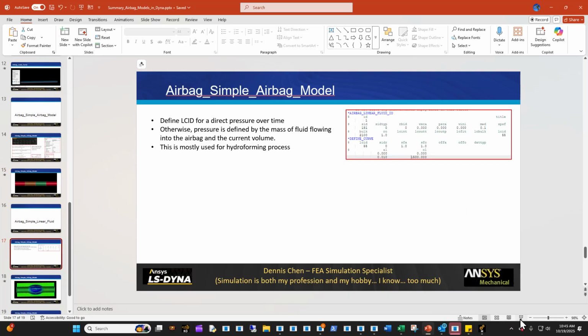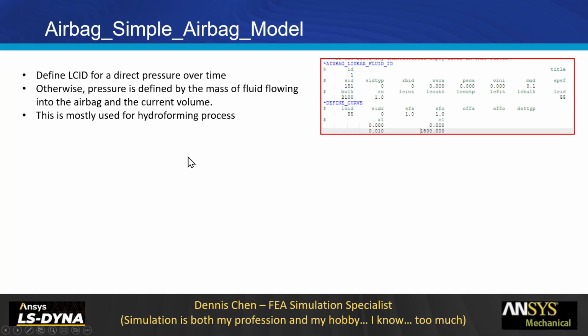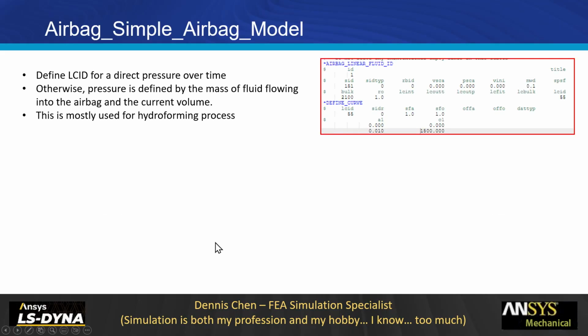All right, last one, which is one I've actually already shared before, so I won't go too much into it. But basically, the simple linear fluid is for hydroforming. So this is an airbag model that can be based on both a mass flow rate and a direct pressure. So if you have an airbag model that you want to define based on either the mass flow rate or direct pressure indications, you can do so.